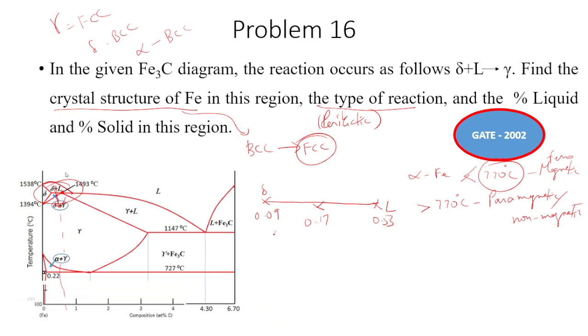We can call this again A, B, C. 81.82 percent. Excellent. Is that liquid or solid? That is delta, solid. Exactly. Perfect.